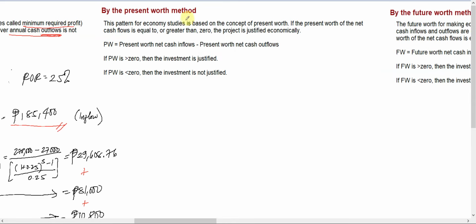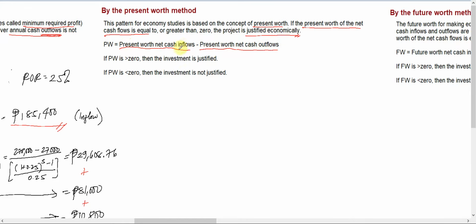So, from the word present worth, this pattern for economy studies is based on the concept of present worth. If the present worth of all of the net cash flows is equal to or greater than 0, the project is justified economically. Okay? So, present worth will be present worth of net cash inflows minus present worth of net cash outflows.